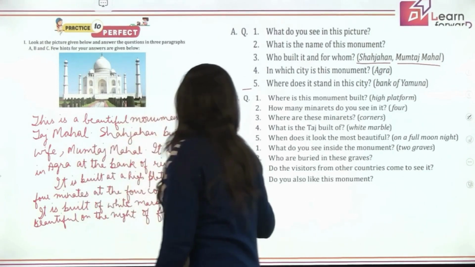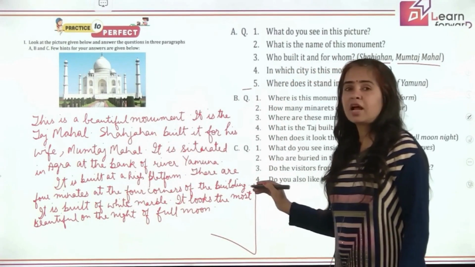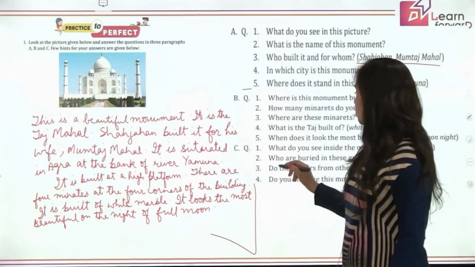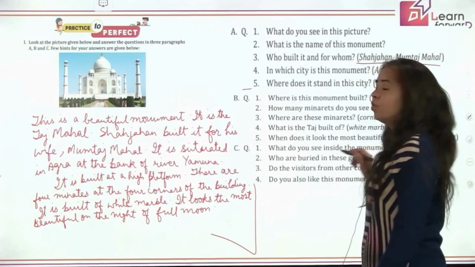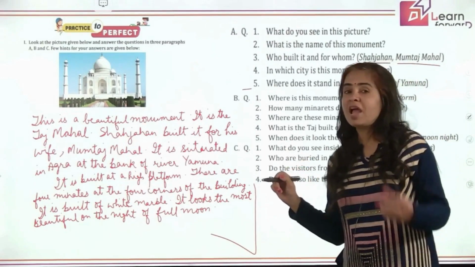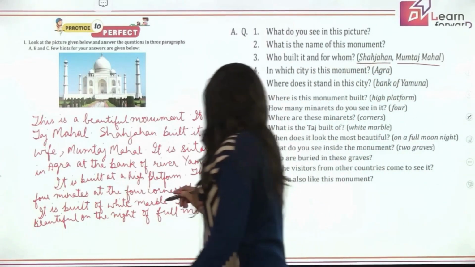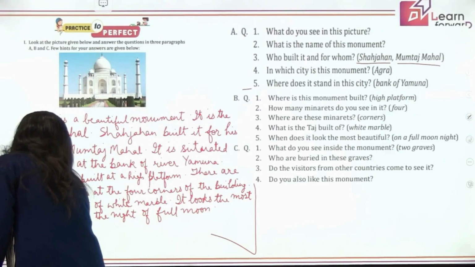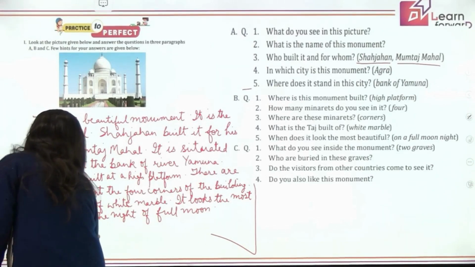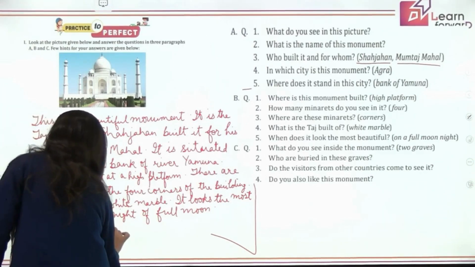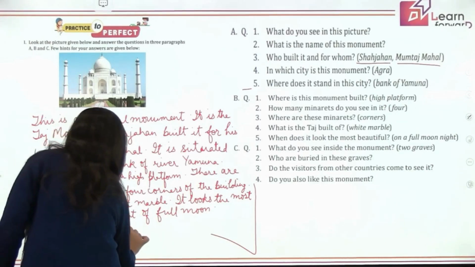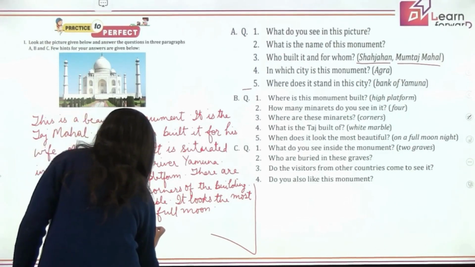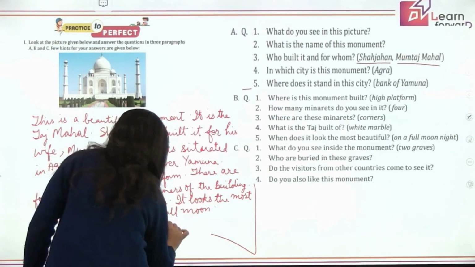Now, coming to the next series of questions that will give you the third paragraph of this composition. What do you see inside the monument? We have two graves there. So, your next paragraph will be, there are two graves in the monument.